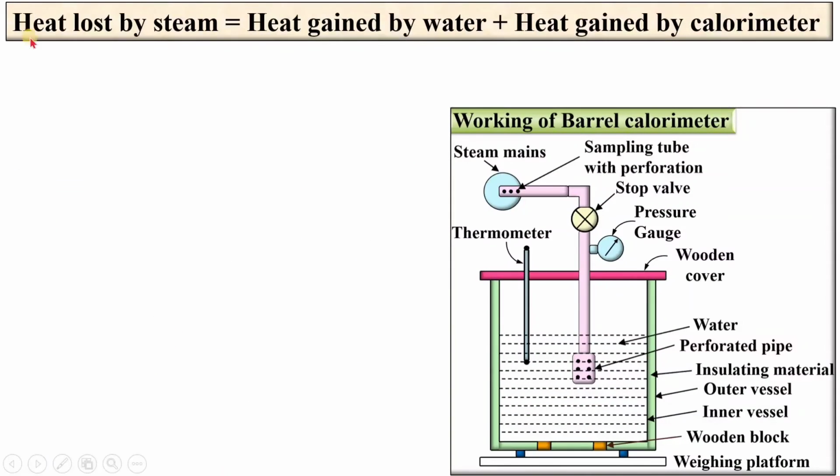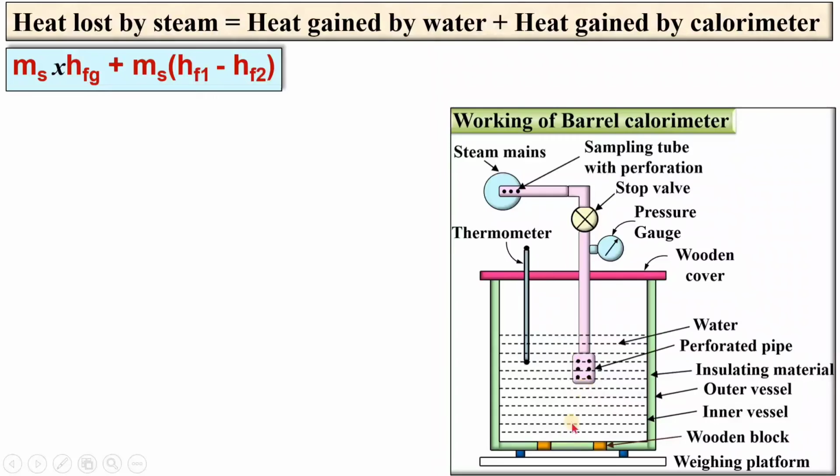Now next, this is the main principle. Heat lost by steam is exactly equal to the heat gained by the water plus heat gained by the calorimeter. And you know that heat lost by steam is actually in two forms, enthalpy of evaporation and sensible heat, hf1 minus hf2, corresponding to the temperatures T1 and T2.